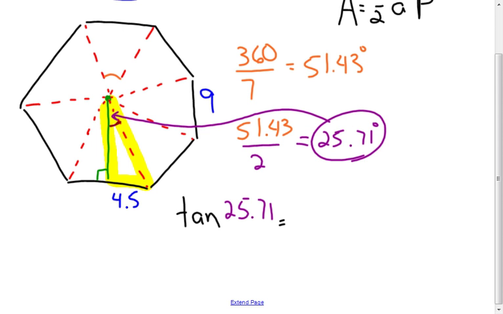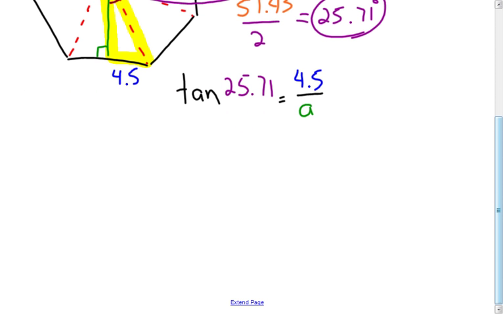The tangent is opposite, which is 4.5, over the adjacent side. I'm going to call it A for the apothem. That's what I need to calculate to get the area of my regular polygon. So now I have my proportion. I can put this all over 1, and now cross multiply.